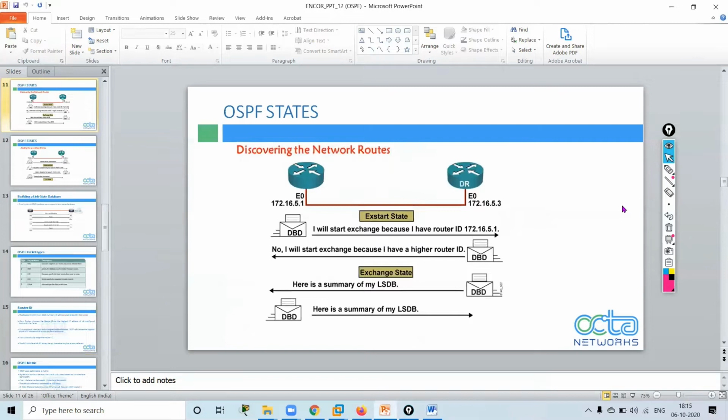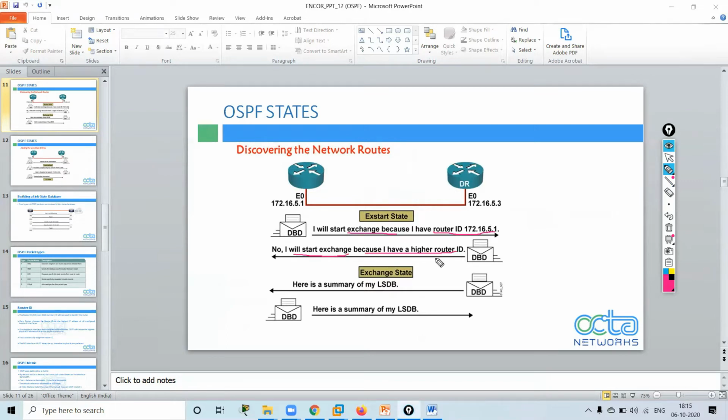Then comes exstart. Now both routers became neighbors, and they need to exchange DBD. In the exstart state, they will fight with each other. I will start the exchange because I have router ID so and so. Then router B will say, no, I will start the exchange because I have a higher router ID.